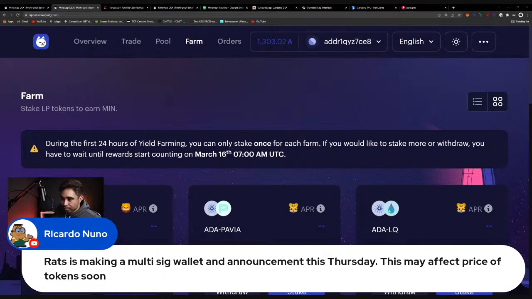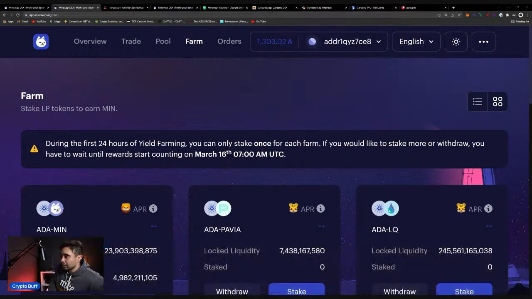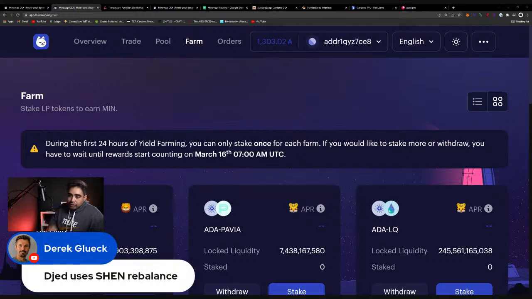So I don't really have an opinion on this. I haven't looked into Shen, so I have to do some research into that. I've been lacking in my research in the stablecoin space for Cardano. I just know of Jed, and that's the only stablecoin on Cardano I know that's made by Coti. So I've got to do more research on other stablecoins.